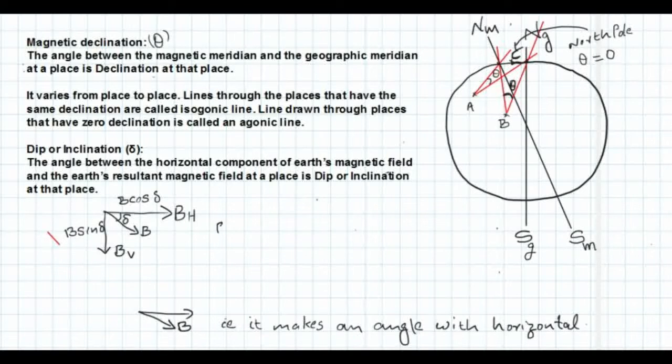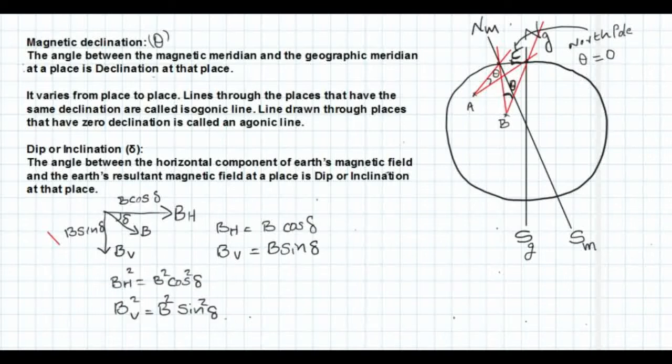So B cos delta along the horizontal direction, therefore BH is equal to B cos delta, and B sin delta along the vertical direction, therefore BV is equal to B sin delta. Now squaring the two equations, we will get BH square is equal to B square cos square delta, and BV square is equal to B square sin square delta.